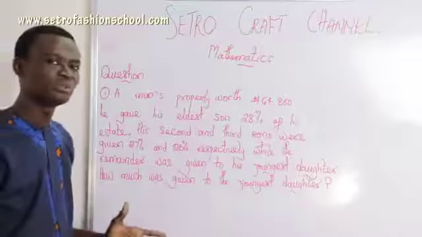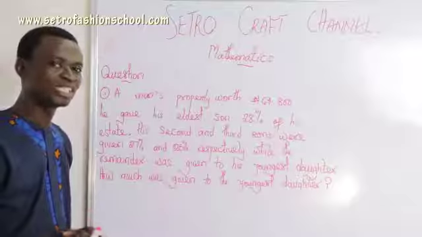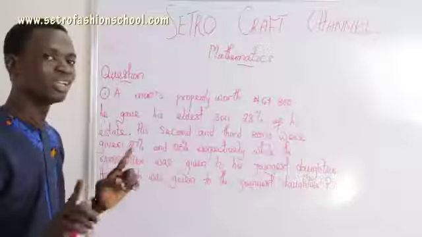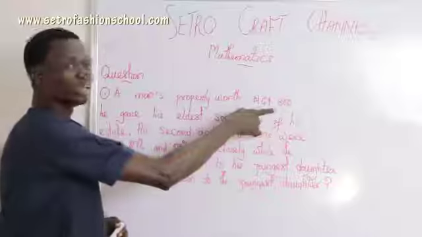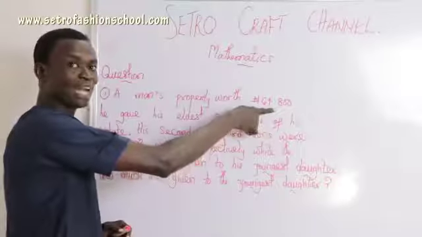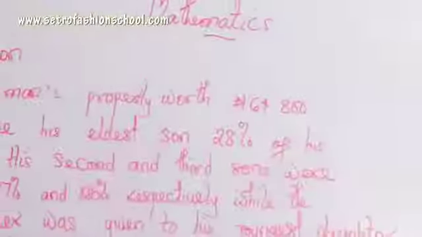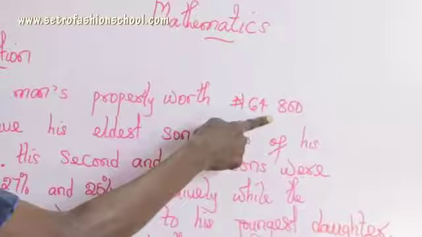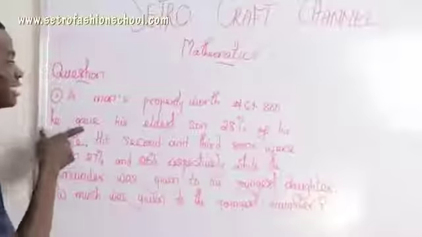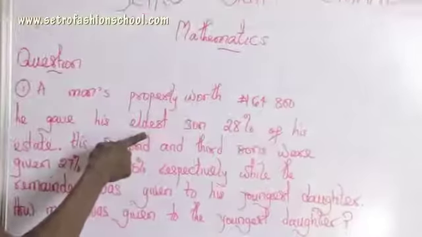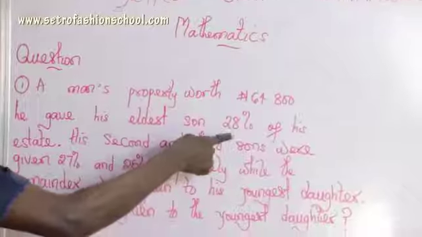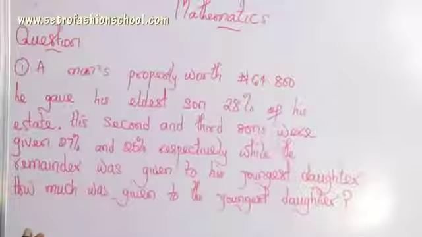What can we do in solving this kind of situation? Number 1, take note of the monetary value, which means the worth of the man's property, and that is 64,800 naira. The man gave his eldest son 28% of the monetary value.